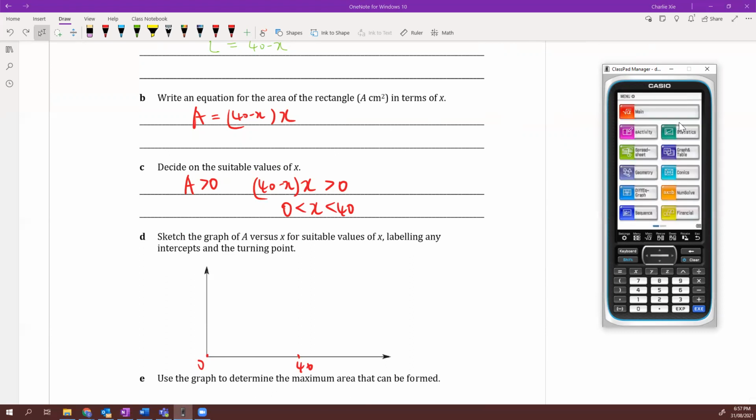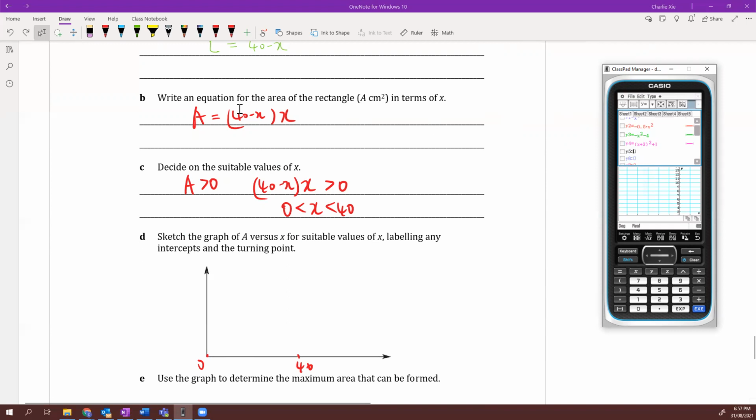So menu, Untitled 5, we're getting 40 minus x. So bracket 40 minus x, bracket times x. Take it. Right, zoom out. Yeah. And it's between 0 and 40. 0 and 40 will be your intercepts. So just something like that.